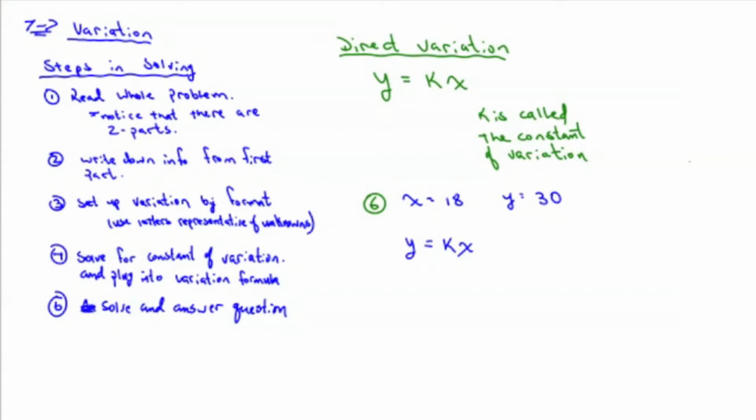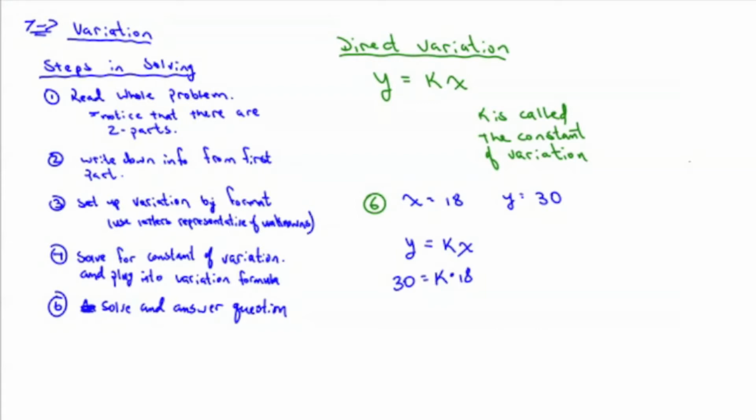K. That's that constant of variation. We need to find that constant of variation first. So you substitute in for y, you substitute in for x, and you solve for k. I mean, these problems are actually very simple. It's that you have to set up everything on your own that makes it a little difficult.